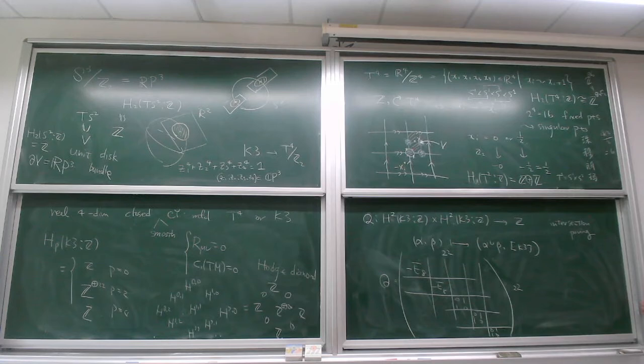So we just look at the 22-dimensional second homology group. What are the bases of this 6-dimensional part? What are the bases here?